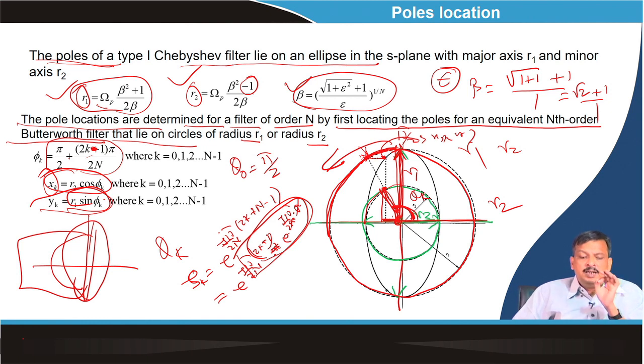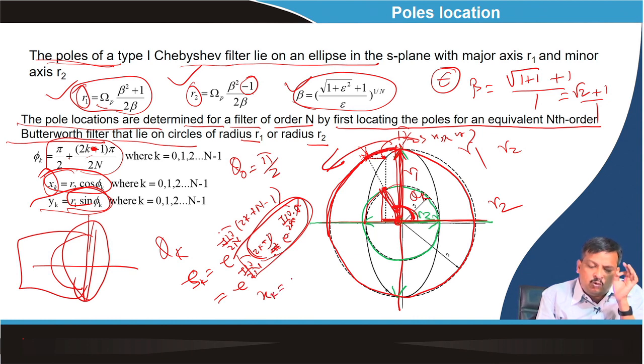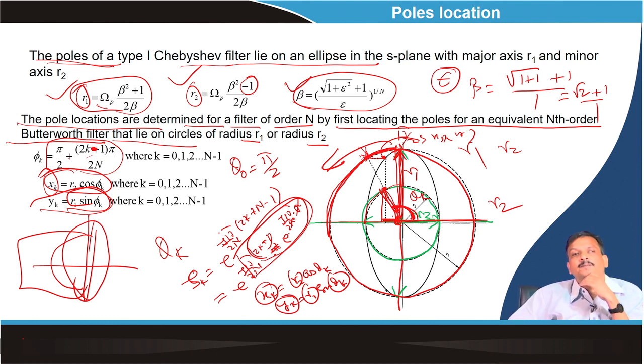So, I know that in case of type 1 filter, the pole position is xk equal to R2 cos phi k and yk equal to R1 sin phi k. So, if I know phi k, R2 and R1, I can find out the value of xk and yk.